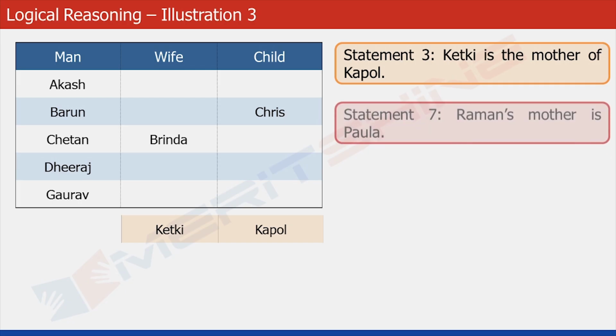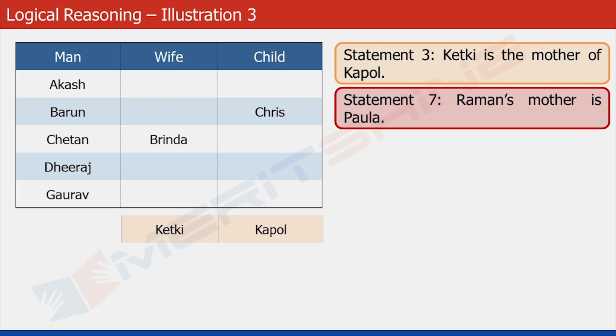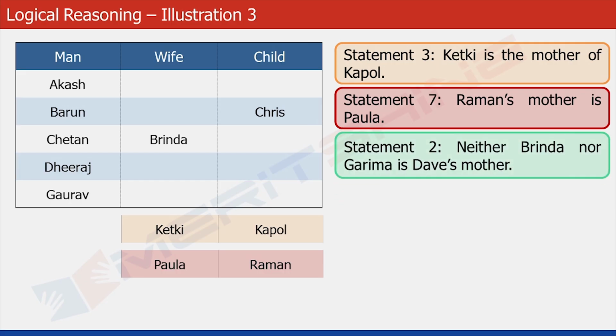Look at statement 7 now. It again is a very similar one which reads that Raman's mother is Paula. So we make another mother-child block with Paula and Raman and place it just under the previous block. Now let's look at statement 2. It's not a direct statement, but with the work we have already done, this should give us a concrete block.